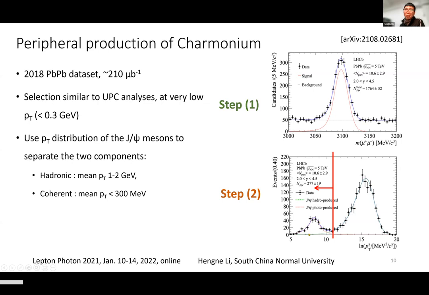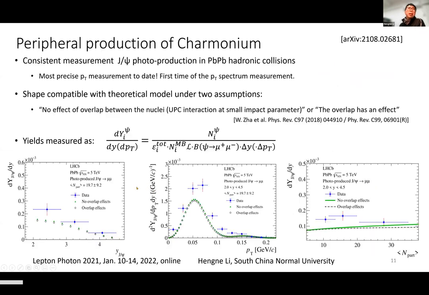The bump with small pT squared is the photon-induced one, and the bump with large pT squared is the hadronic one, right? So you can separate the two parts and use a fit to extract the photon-induced one.